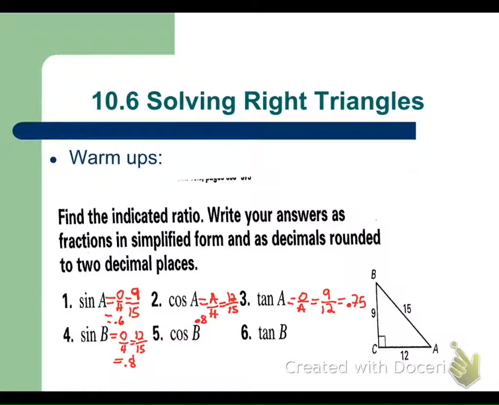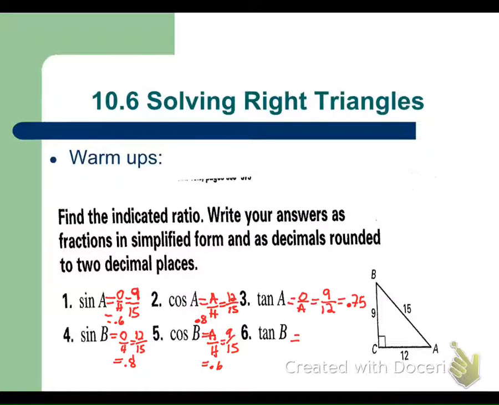We also have cosine of B. So cosine, CAH: adjacent over hypotenuse. Adjacent to B is 9 over the hypotenuse. We already did that one as well. It was the first question. What did we get for our decimal? 0.6.